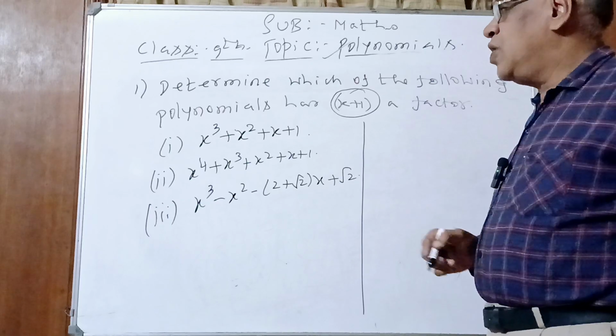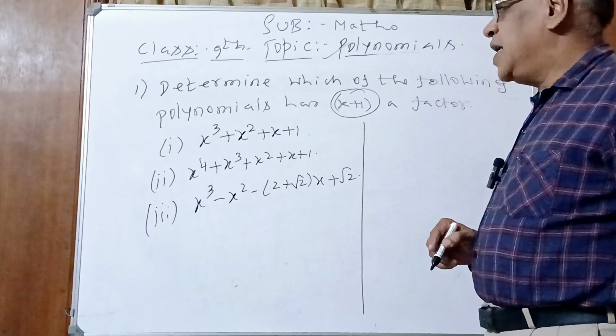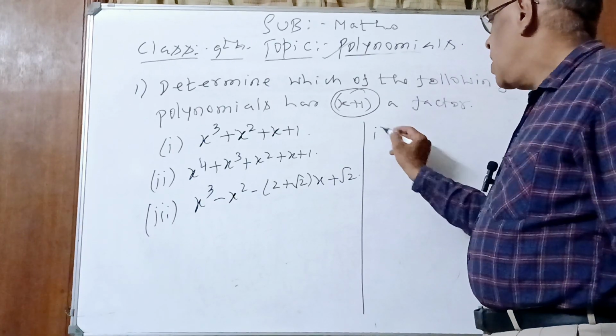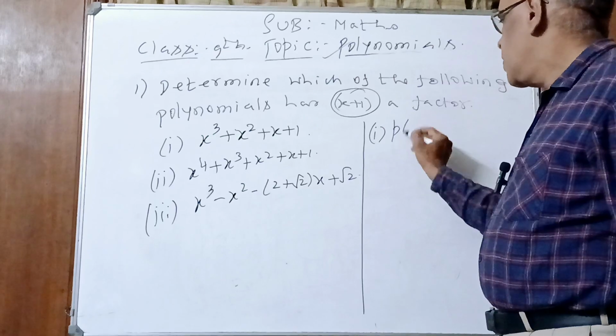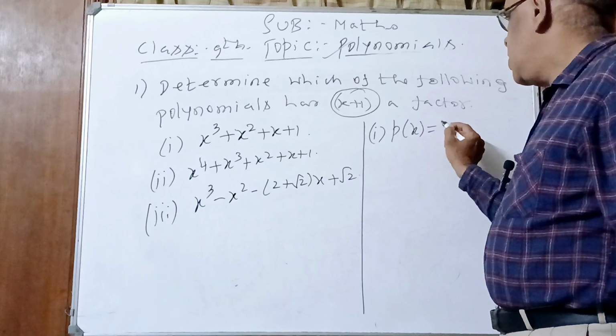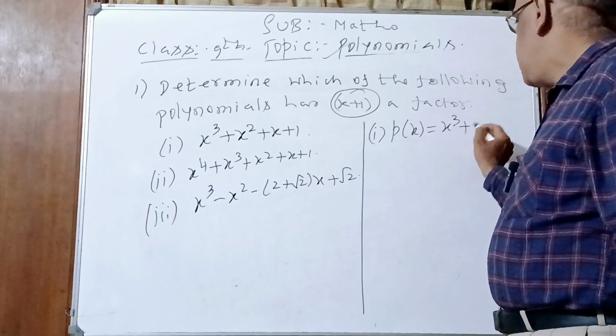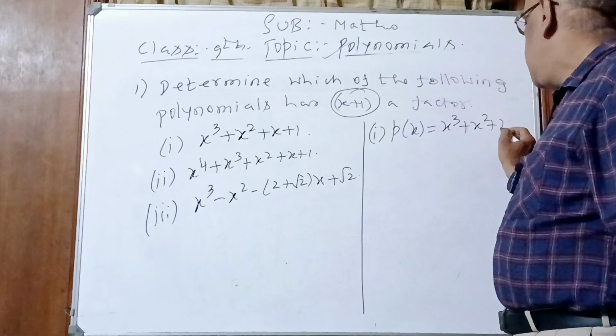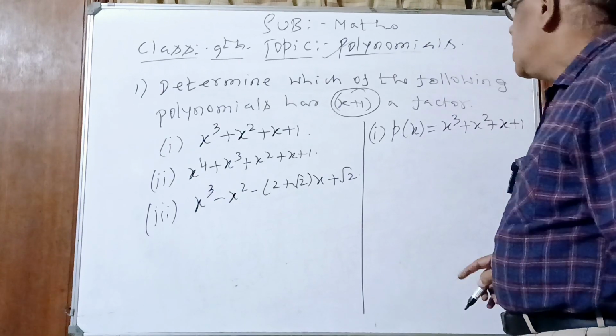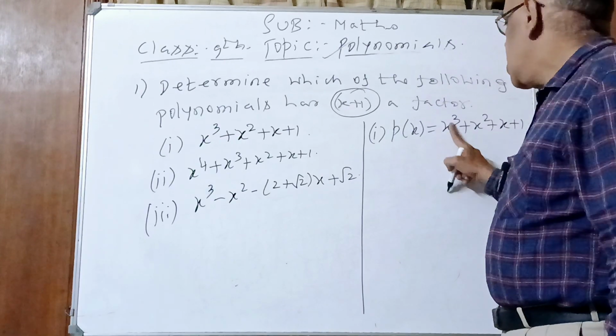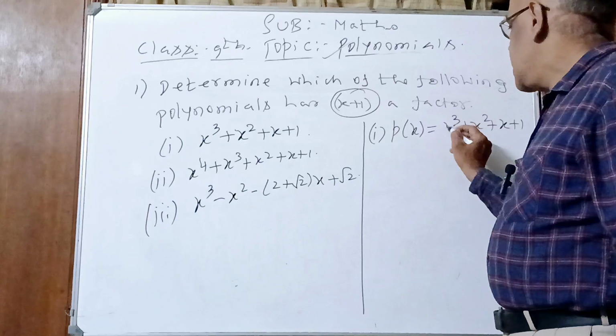P of x is equal to x cube plus x square plus x plus 1. Now children, please recall what we have studied in the factor theorem.